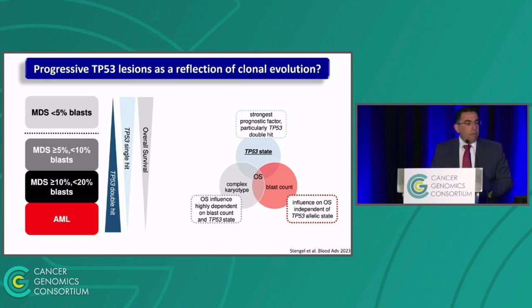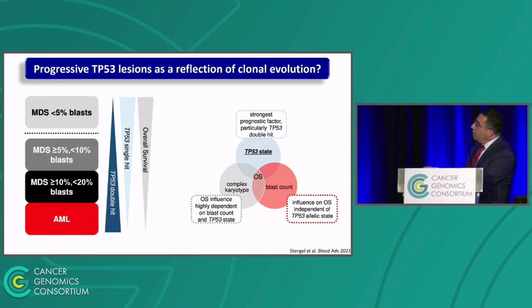It can come together into a schematic that was just published about a month ago by Claudia Haferlack and her team that really illustrates that low-risk MDS going through MDS with increased blasts, more increased blasts, all the way to AML, is associated with increased rate of P53 double hit alterations.